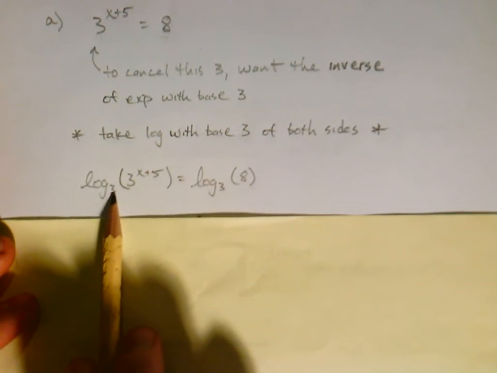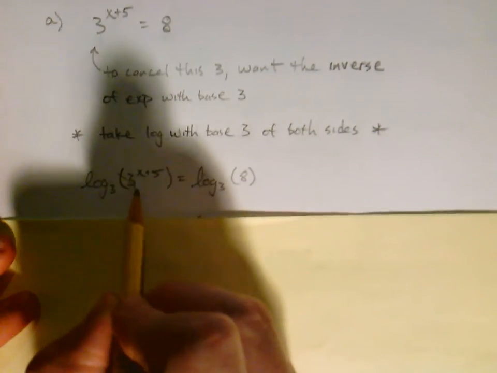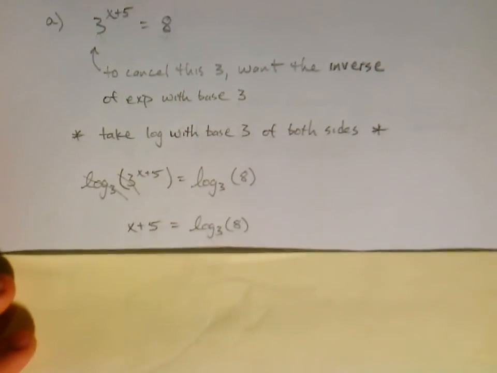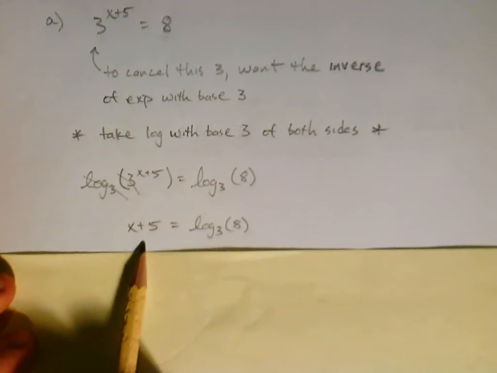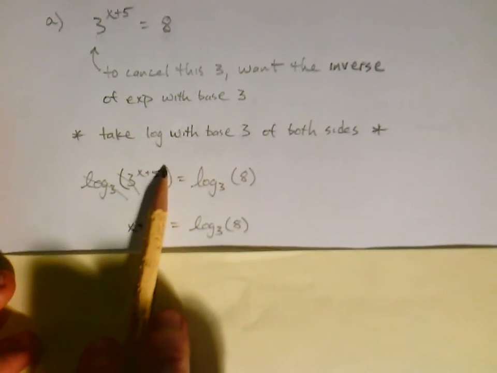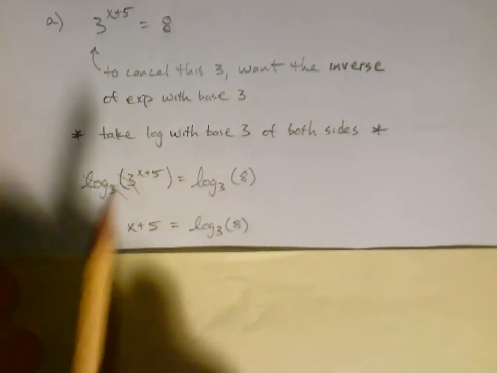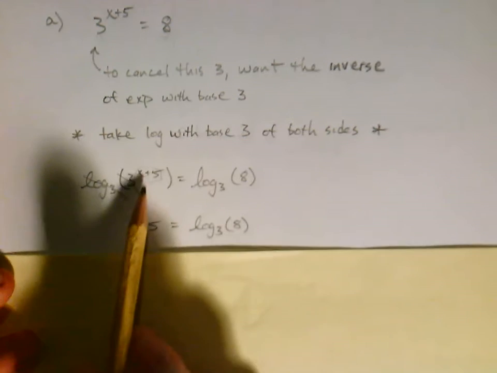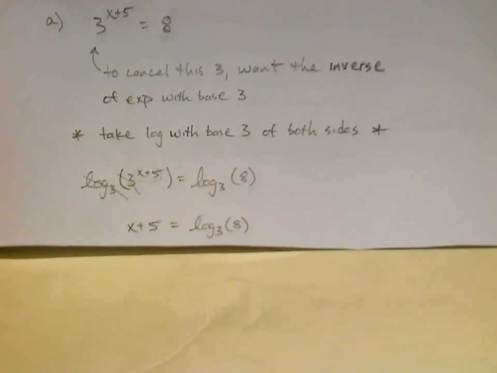Because these are both base 3, these cancel out. And all we're left with over here is that x plus 5. This thing simplifies to whatever that exponent was, in this case, x plus 5.